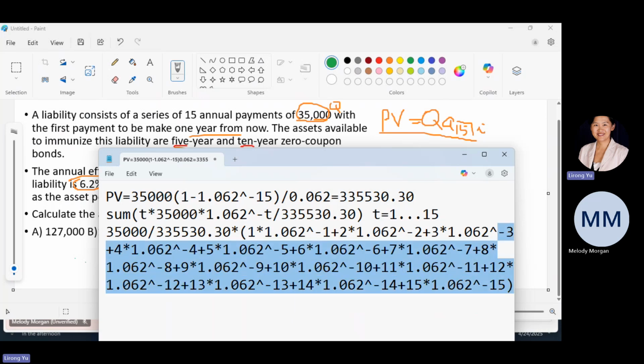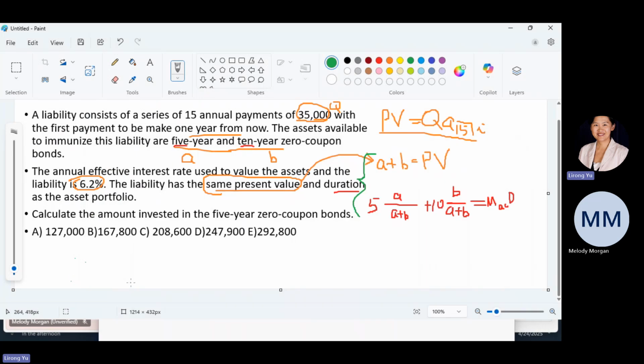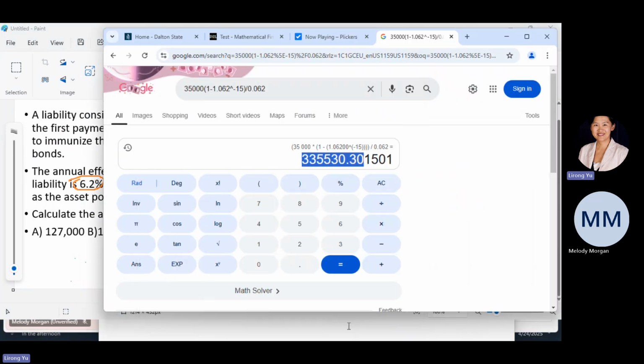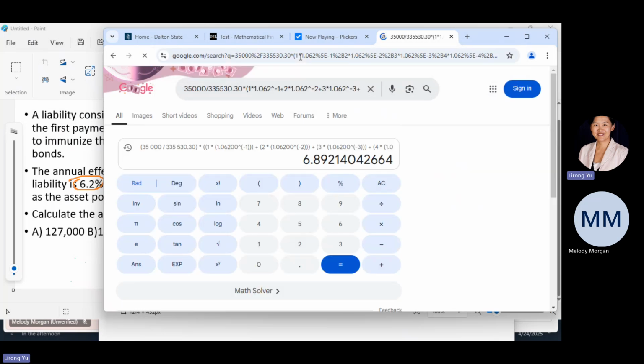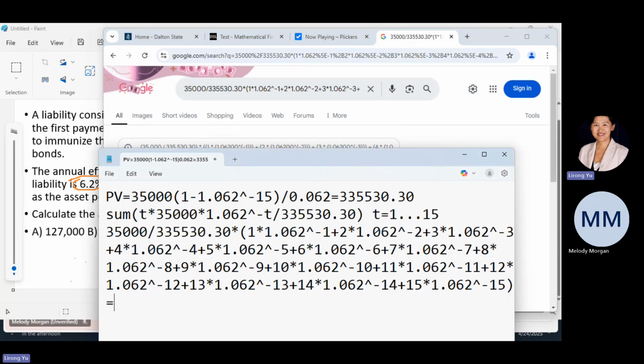That's the adding part. We're basically trying to find a weighted average of the time. That calculation should give us the average payment time. Essentially, that's what it is, and that's why it's called the duration of the payment. Here we are. That's 6.89. We found the duration.